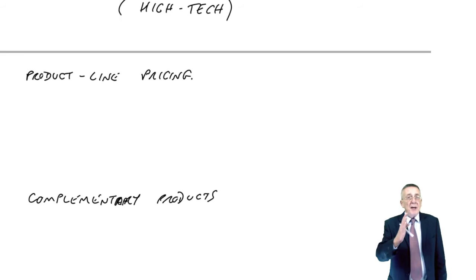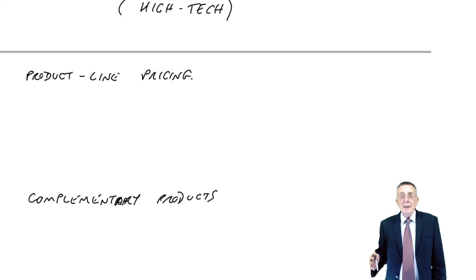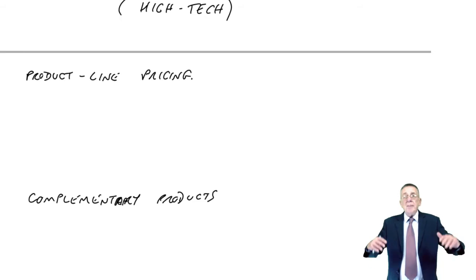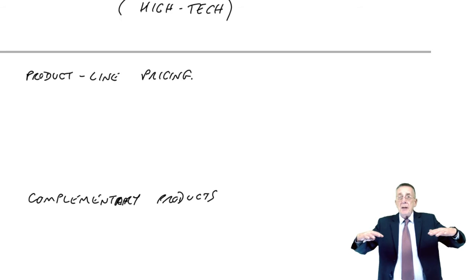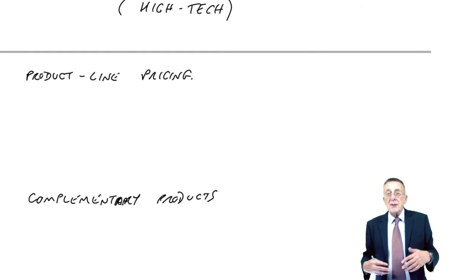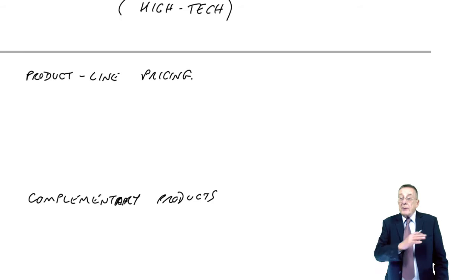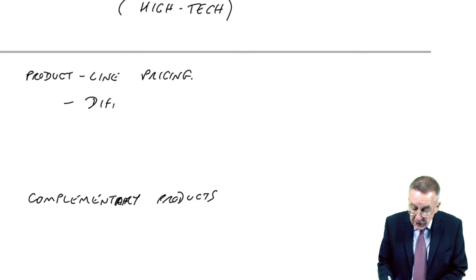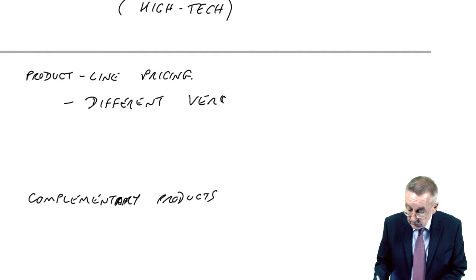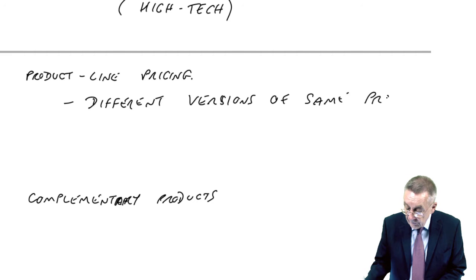So essentially the same car, the same shape, most things the same, but some are quite basic with not many extra features. Some have all sorts of extra features and special wheels and so on. And of course, they're different prices. Well, that's product line pricing. Different versions of the same product at different prices.